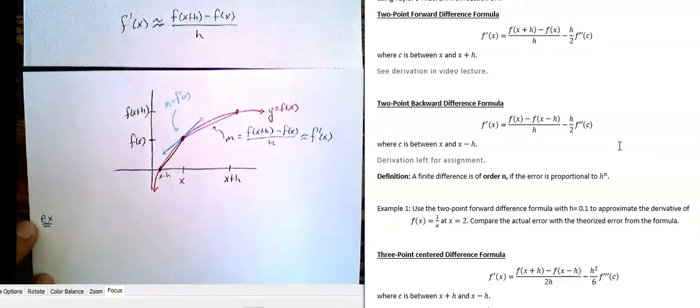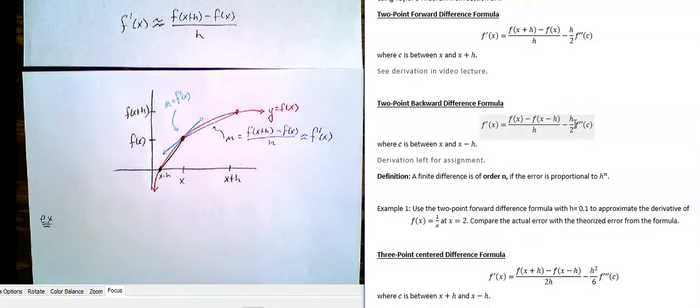And also, we call this an order 1 method, or first order method, because the error term is proportional to h to the first power. So here's our error term. We look at the power on h, and that gives us the order of our finite difference formula.